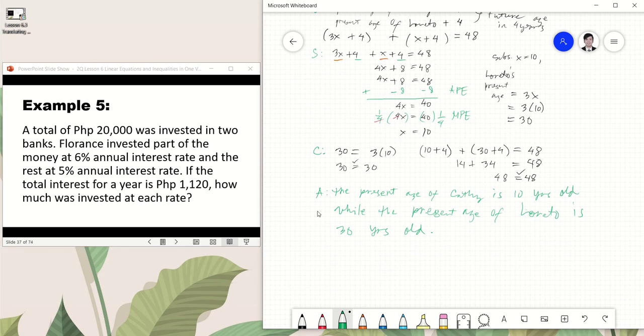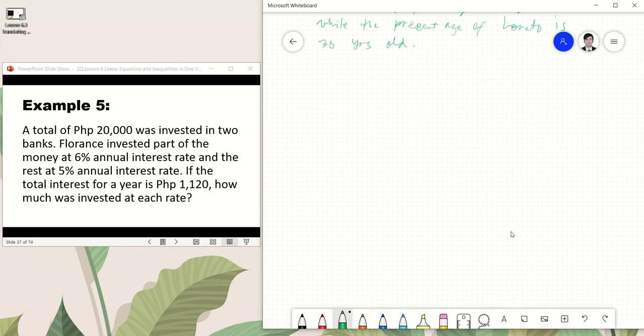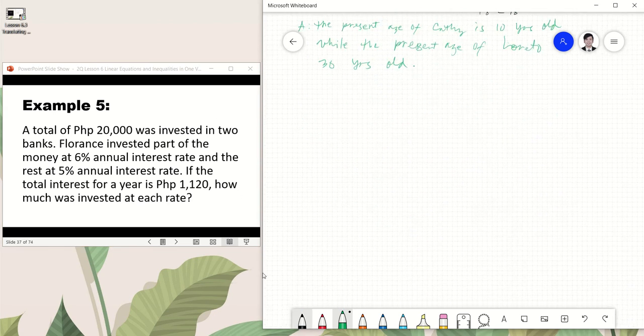Okay, let's have example number 5. So this is now a problem related to interest. So a total of 20,000 was invested in 2 banks.